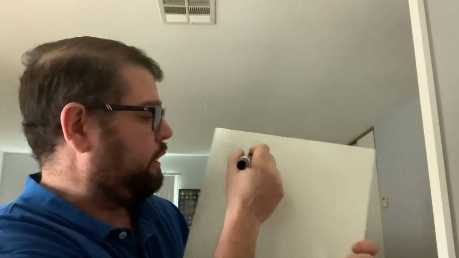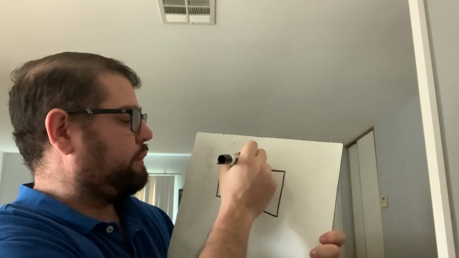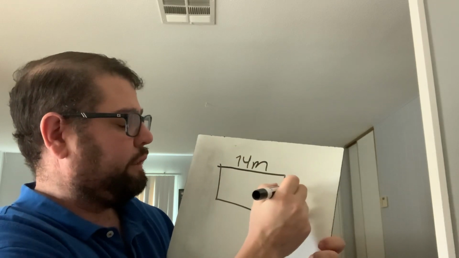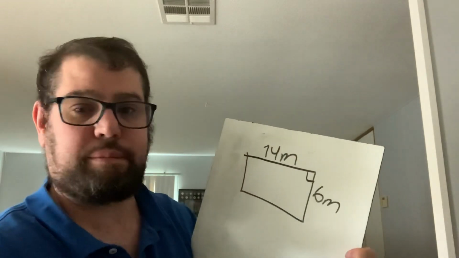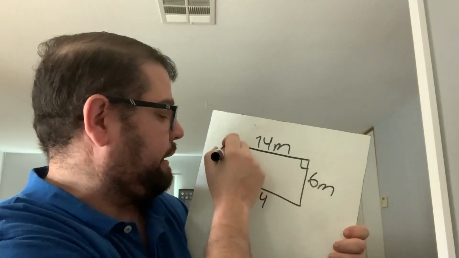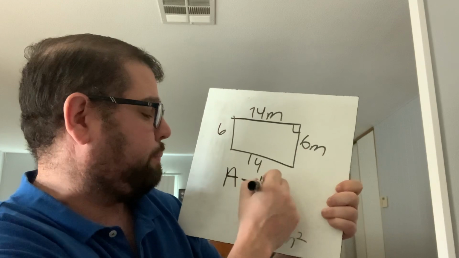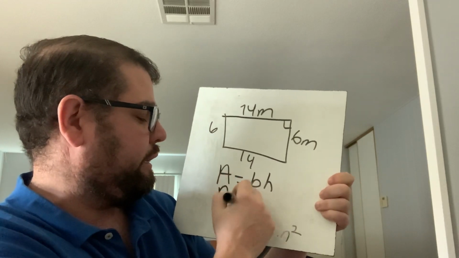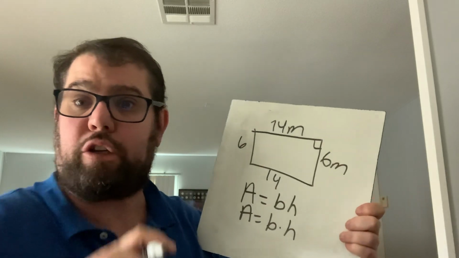Let's look at another rectangle, and this is where it gets a little bit harder, and this is why I like my trick of circling it. So I'm going to say 14 meters, 6 meters with a box here. Now, if we were to label, this is 14 and this is 6, you might then write the formula, area equals base times height, and you're like, what numbers do I do?